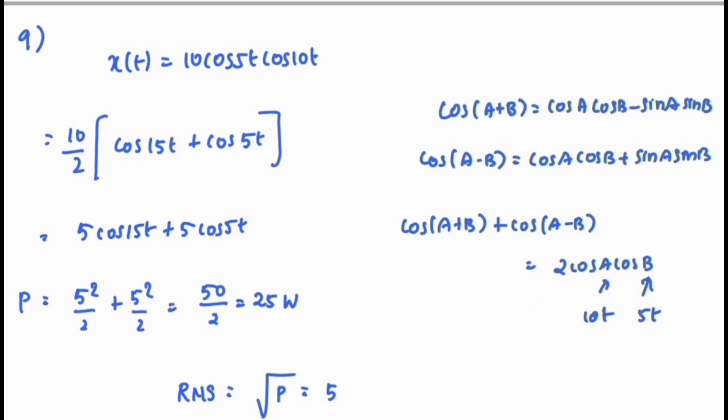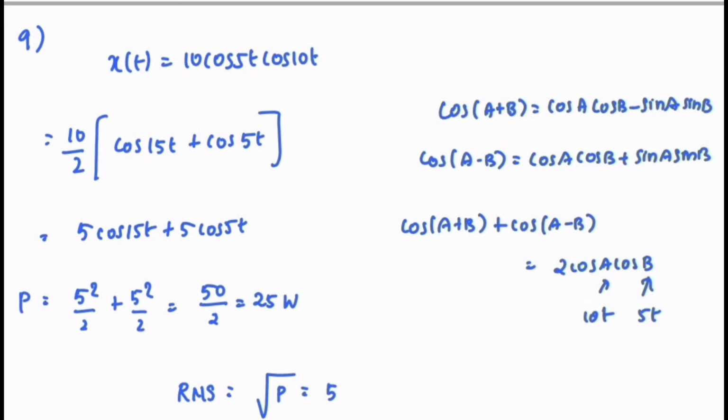Cos(a plus b) is equal to cos a cos b minus sin a sin b. Similarly, cos(a minus b) is equal to cos a cos b plus sin a sin b. So what is cos(a plus b) plus cos(a minus b)?